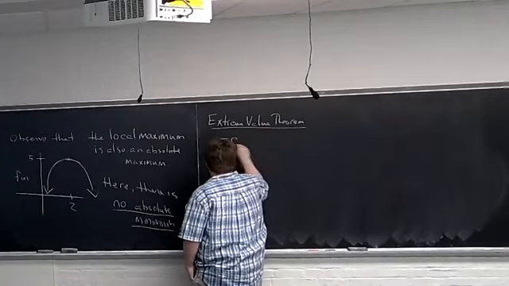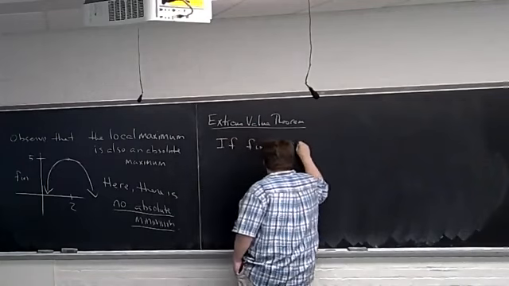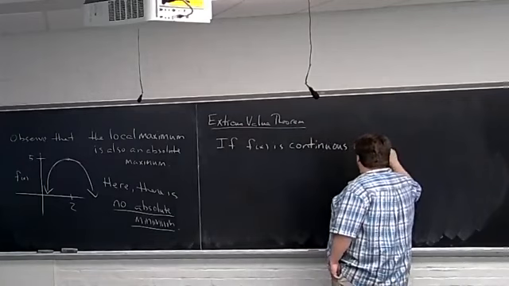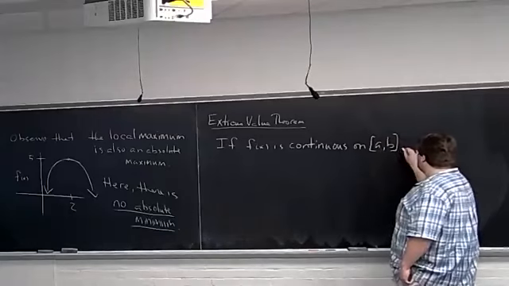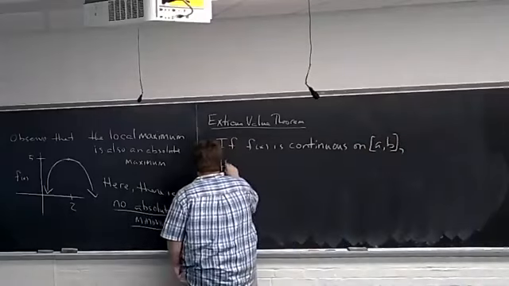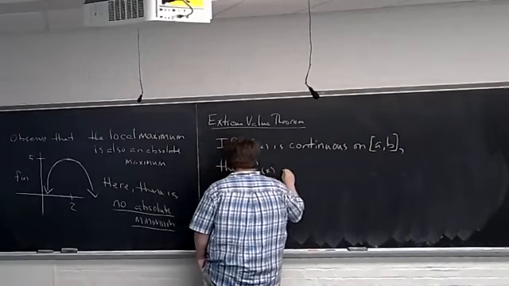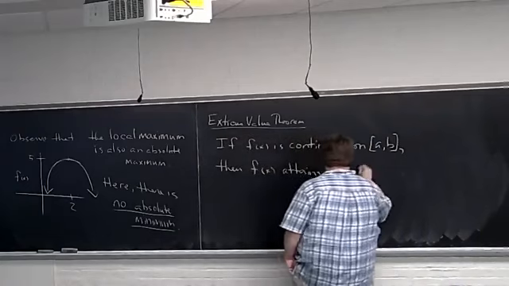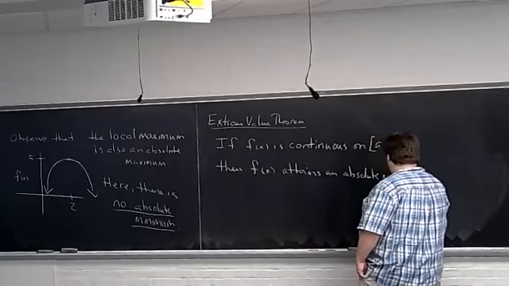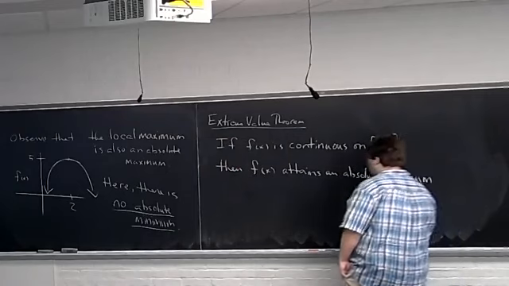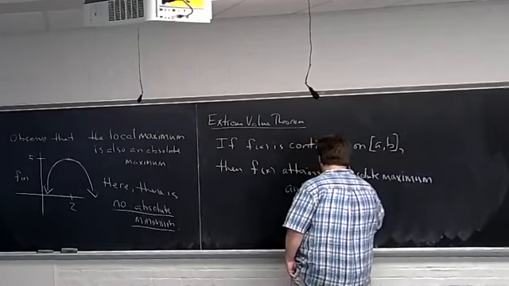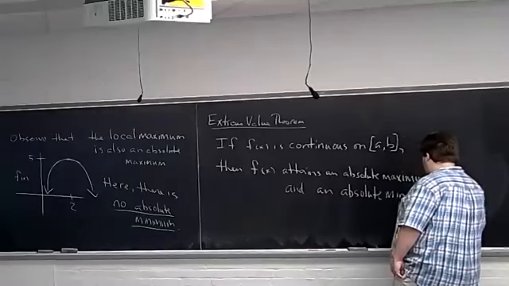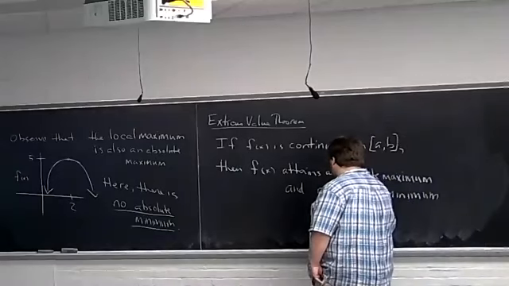If f of x is continuous on the closed interval a to b, then f attains an absolute maximum and an absolute minimum somewhere on that interval.